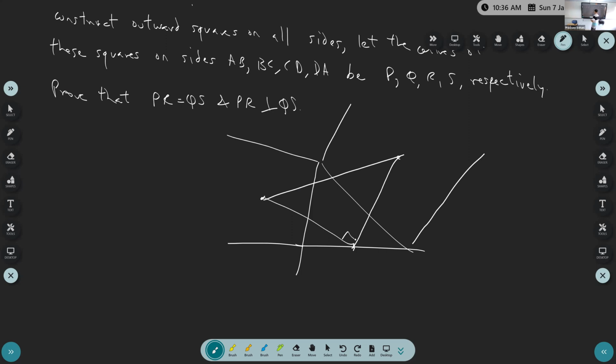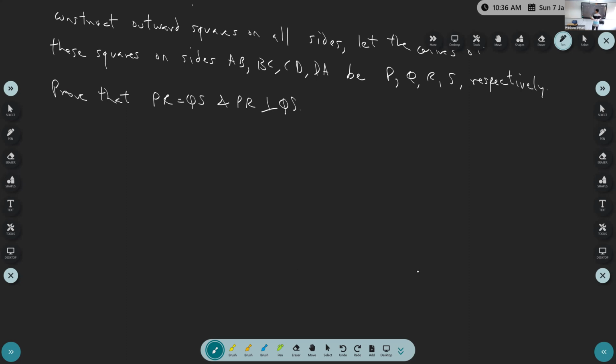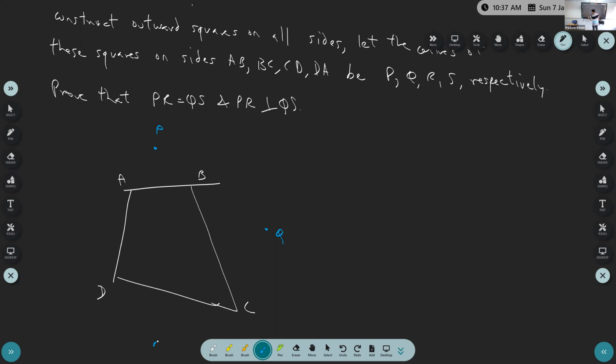Okay, but anyway, so let me show the complex numbers way of doing this question. So I'll just denote, I will not draw the squares because I'm only interested in the centers, right?